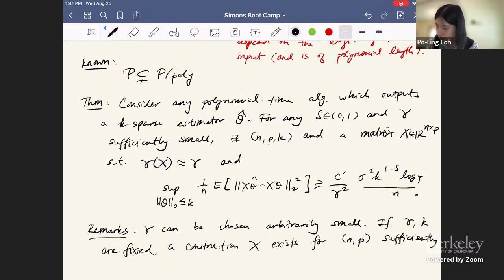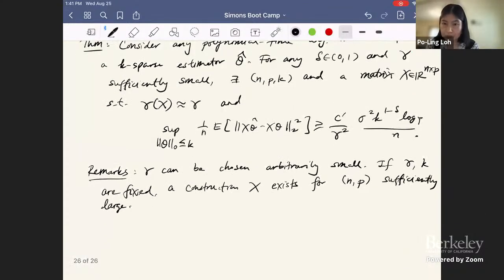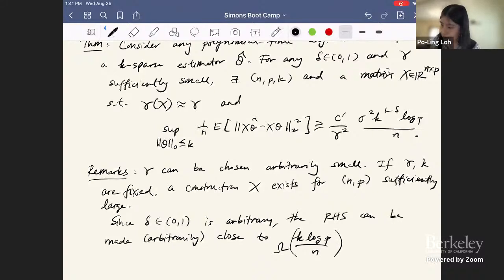So it's not just saying that there exists a particular dimensionality that works. In fact, any dimensionality bigger than that will work. The other remark is that since delta is between 0 and 1 and arbitrary, the right-hand side can be made, well, maybe not exactly arbitrarily, but quite close to k log p over n, which is what we got from the lasso.